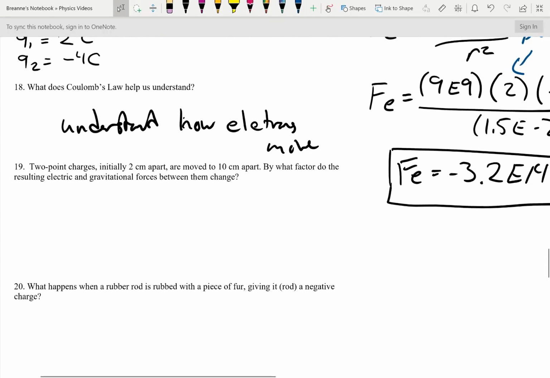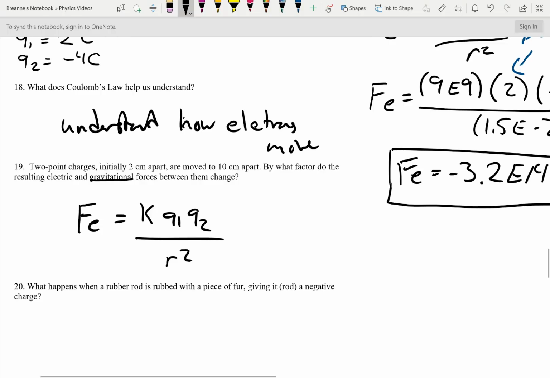19. 2 point charges initially 2 centimeters apart are moved to 10 meters apart. By what factor do the resulting electric and gravitational forces between them change? We don't have to necessarily worry about the gravitation, but the electric force. So going back to this equation, F equals K Q1 Q2 over R squared.